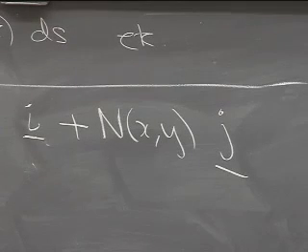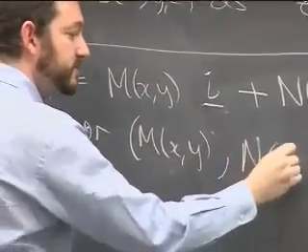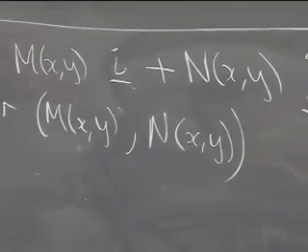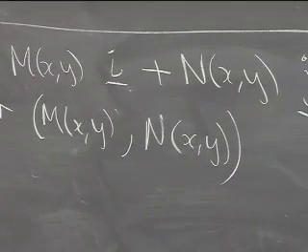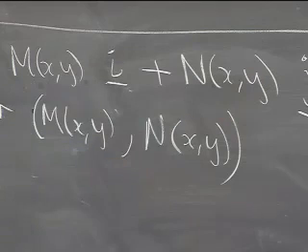But in principle, it could have been written in coordinate vector notation like this: M of x, y comma N of x, y. So for every x, y pair you supply, you don't just get one number, you get two numbers. You get some multiple of i plus some multiple of j. So this is a function from two variables to two variables.